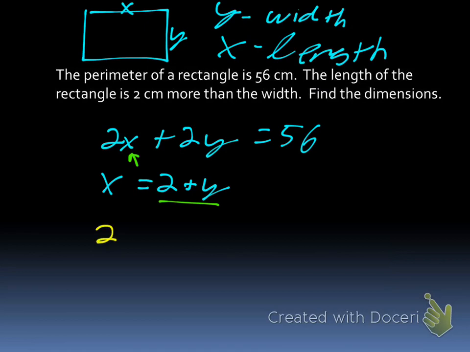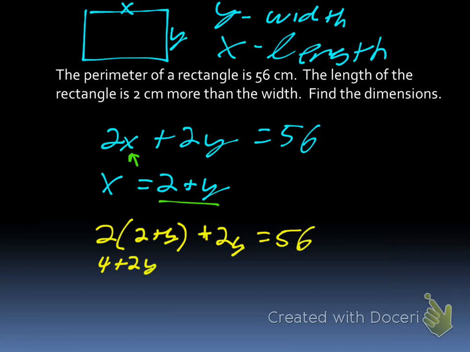So you got 2 times the quantity 2 plus y, plus 2y equals 56. 4 plus 2y plus 2y equals 56. 4 plus 4y equals 56. 4y equals 52.